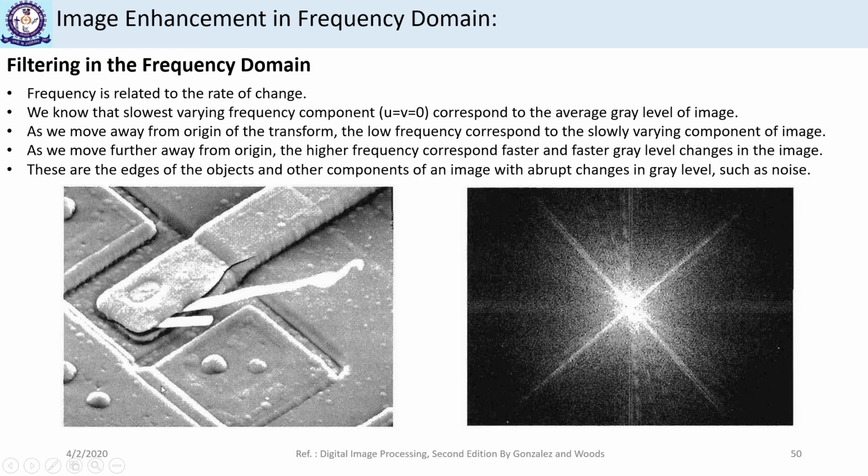And since it has slowly varying gray level areas, we do not see any abrupt change in the gray levels. Here also there is no abrupt change. So we see more coefficients which have the lower frequencies.